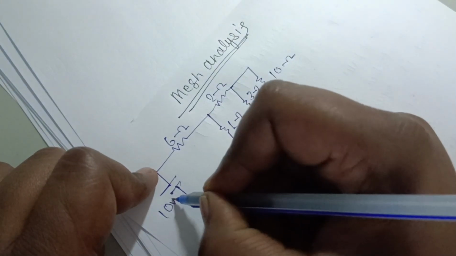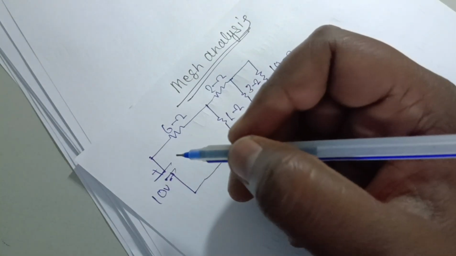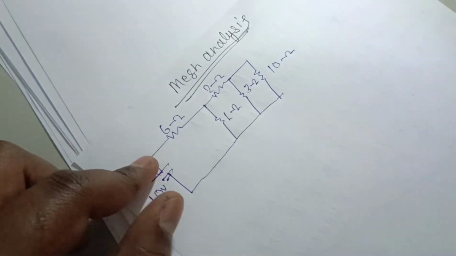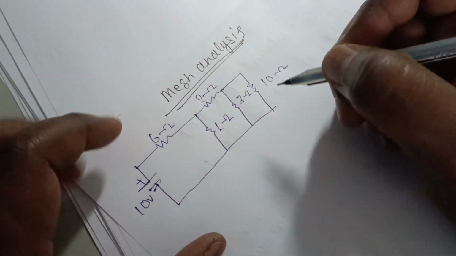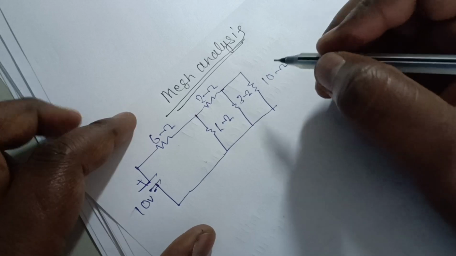This is a 10 volt battery, this is negative, this is positive. So we have to use the mesh analysis method here.